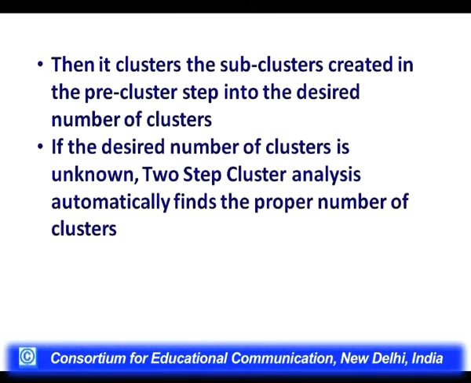Then it clusters the subclusters created in the pre-cluster into the desired number of clusters. Whether the desired number of clusters is known or unknown, specifically when it is unknown, two-step cluster analysis automatically finds the proper number of clusters.